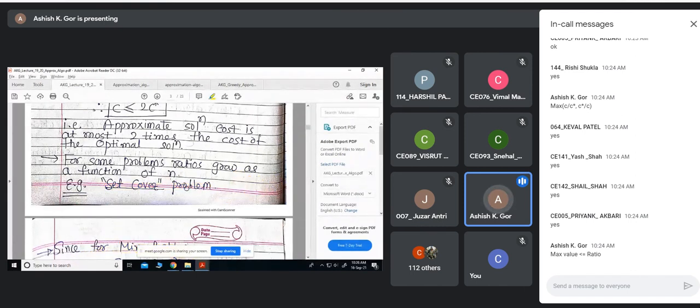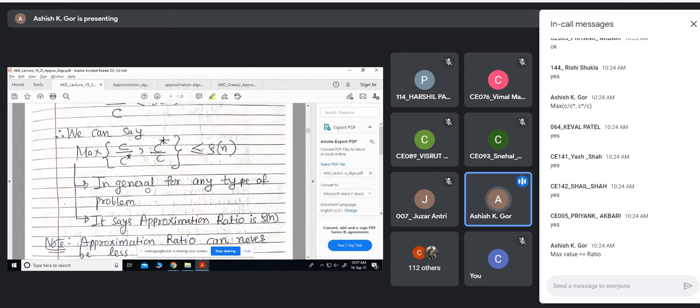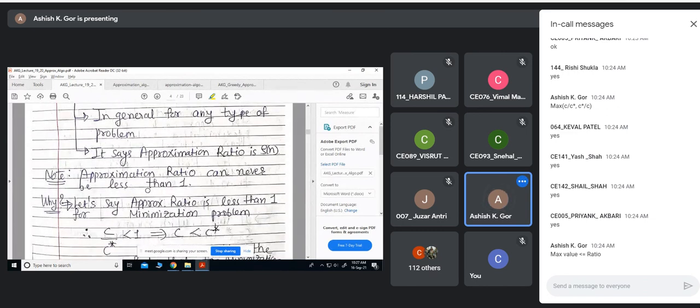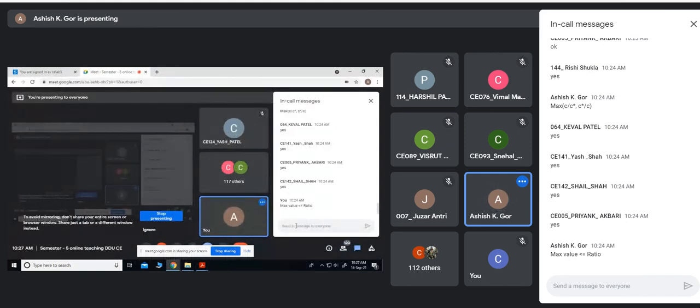So it's not that good, because if the ratio is logarithmic in n, it would increase with n. Okay, so a constant is desirable. Remember, many times we focus on a constant ratio.